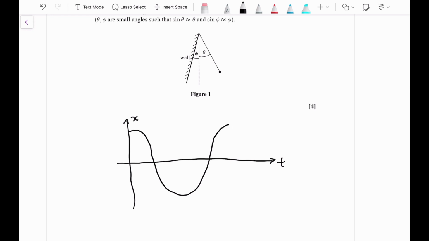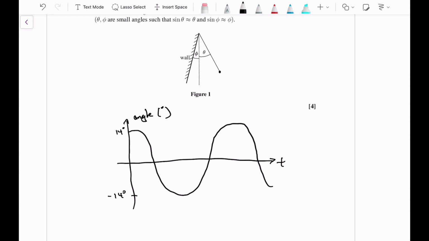This is a cosine curve. This is the maximum point, the angle, so over here this will be 14 degrees, and over here this will be negative 14 degrees.